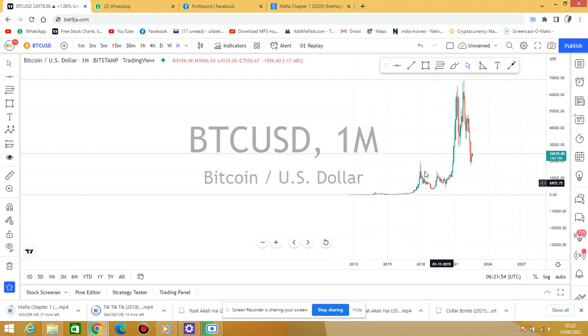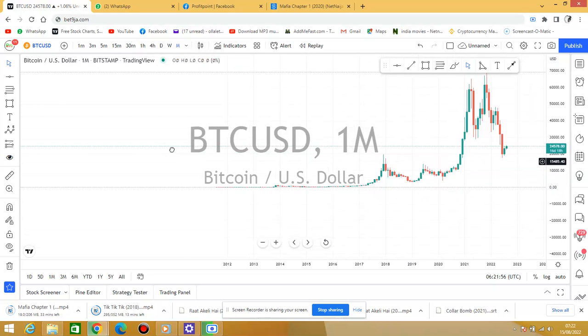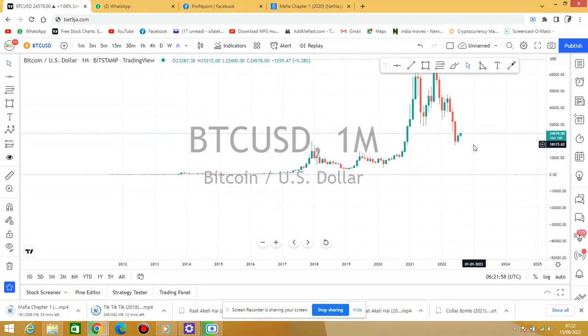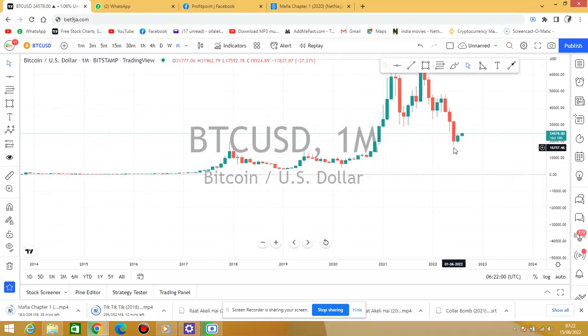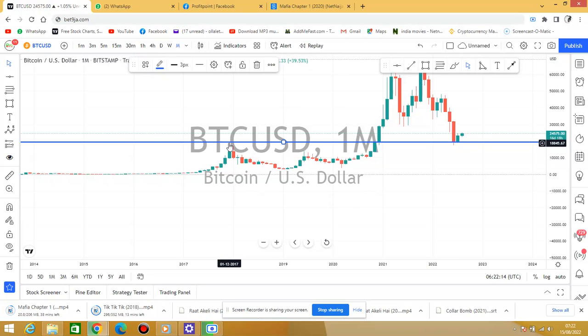Let me explain something to you here, because you can see forex and crypto. If you look here, this is the previous high back then, around 2018. The all time high back then is here.